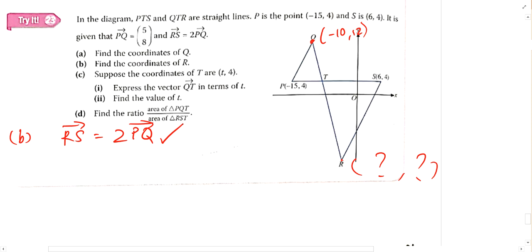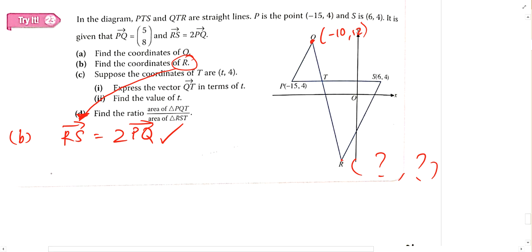RS, I want to find the coordinates of R, which is actually embedded inside RS. Can you see it? How do we obtain the coordinates of R from the vector RS? Can I break up RS? Break it up to become what?